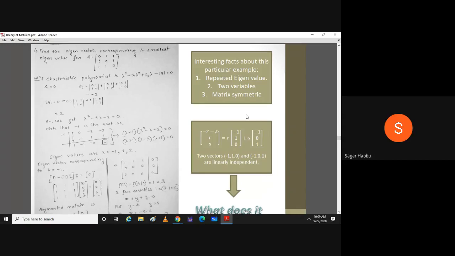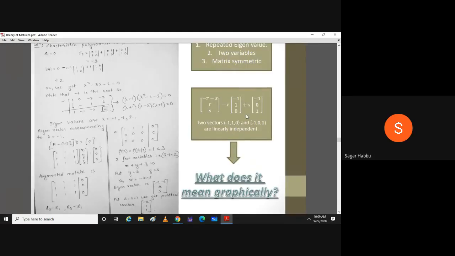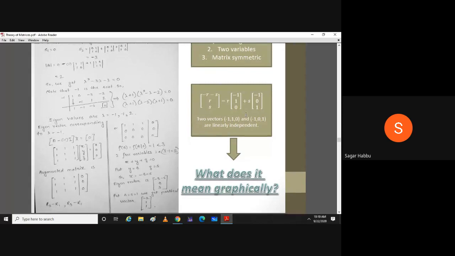Sir, what was the last statement you mentioned, that two eigenvectors can have the same eigenvalue? Corresponding to one eigenvalue, there may be two eigenvectors. Not every time, but sometimes. Like in this case, the rank was 1, therefore there are two eigenvectors.